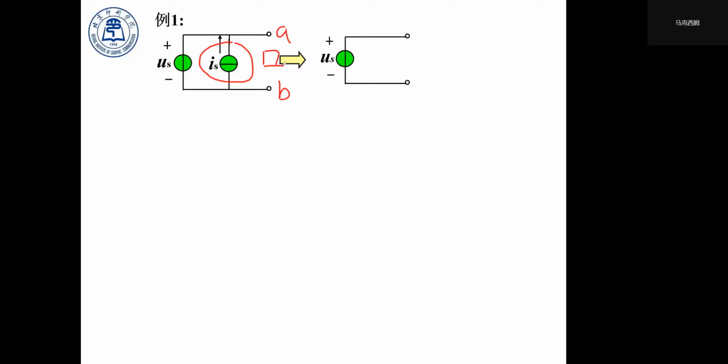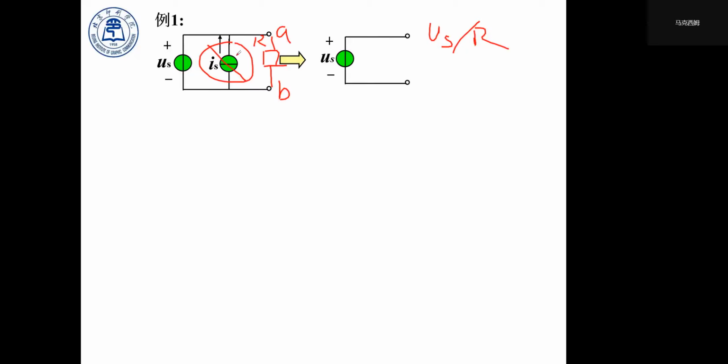Like this, if you attach a resistor with value R here, its current must be US over R. So it doesn't seem that this current source works anyway. It's redundant. We can just replace it.